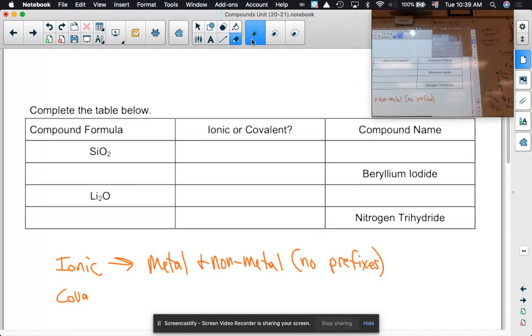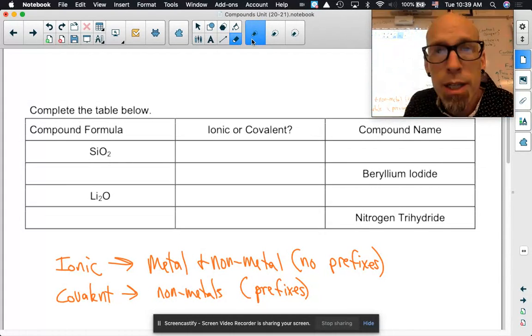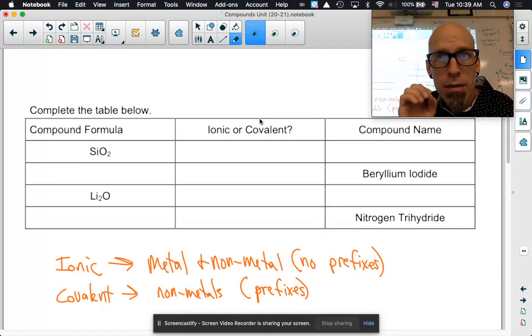Covalent. Only nonmetals. And you will always have prefixes in the names. Always have prefixes. So there's two ways to tell. Whether you're looking at a name or whether you're looking at a formula, there's two ways to tell.